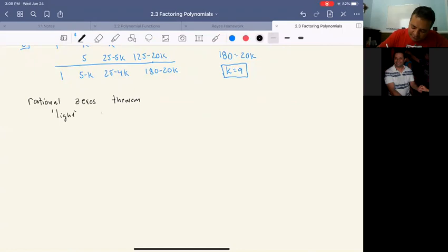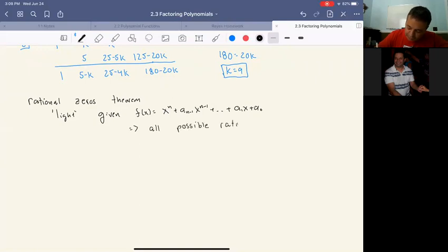Okay. If we're given f of x equals x to the n plus a n minus 1, x to the n minus 1, all the way down to a1x plus a0, okay, then all possible rational zeros are factors of a sub 0.